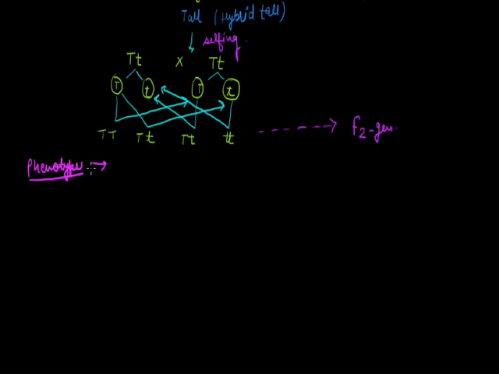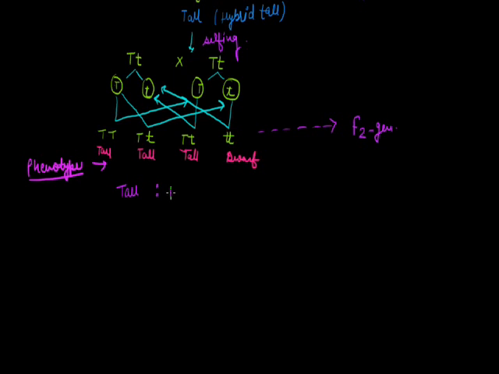This one is expressed as tall. This one is also a tall plant. Although this one is hybrid tall, it's also a tall plant and this is a short or dwarf plant. Tall, tall, tall and dwarf. They appear phenotypically tall. These three appear phenotypically tall and this one is dwarf.